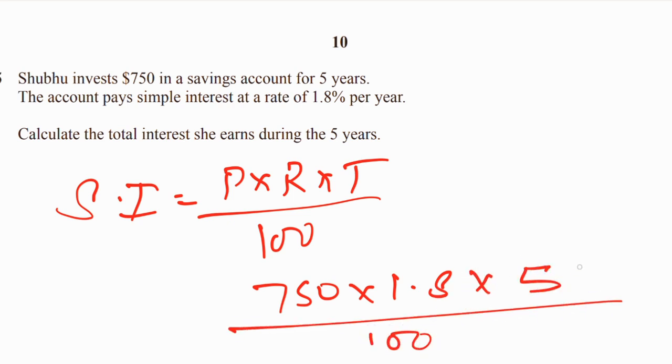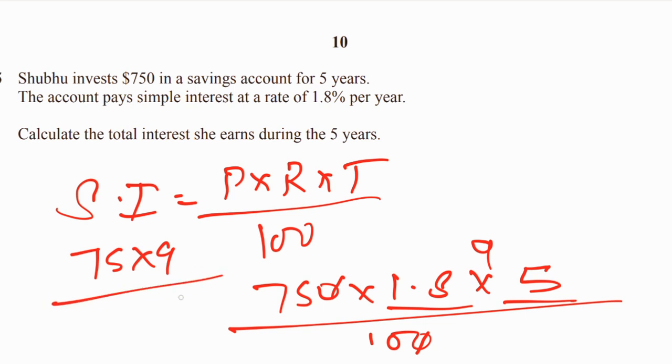Over 100. So this is 9. When you multiply both numbers, they become 9. There is no need to cancel there in the examination; I just give you a rough idea. So 75 multiplied by 9, and divide, so 67.5.